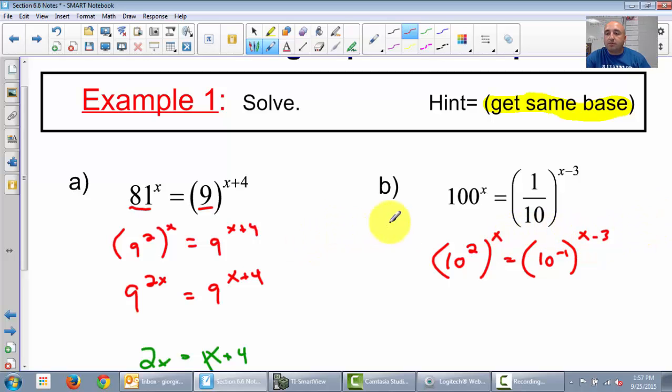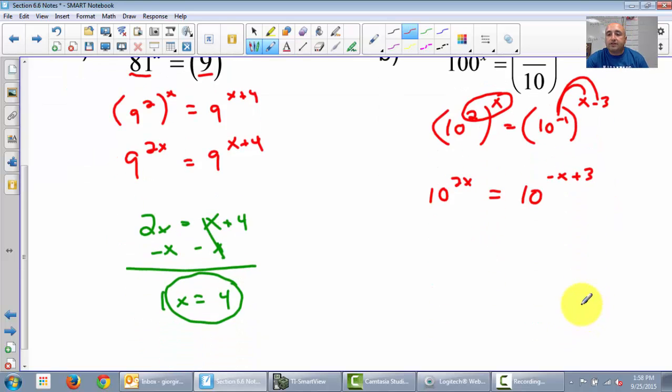Now we need to multiply our exponents. So I have 10 to the 2x equals, and now I have a 10 and I have to multiply this as well. Negative 1 times x is negative x. Negative 1 times negative 3 is positive 3. Now I have the same base, so we can set the exponents equal to each other. So 2x equals negative x plus 3.